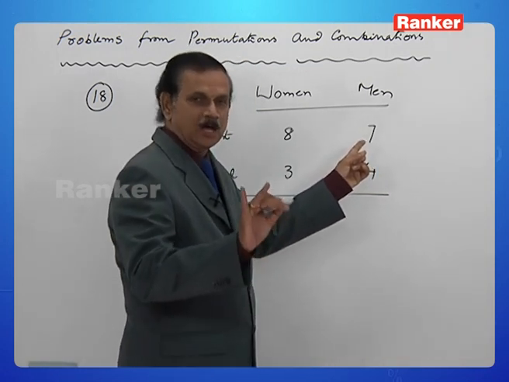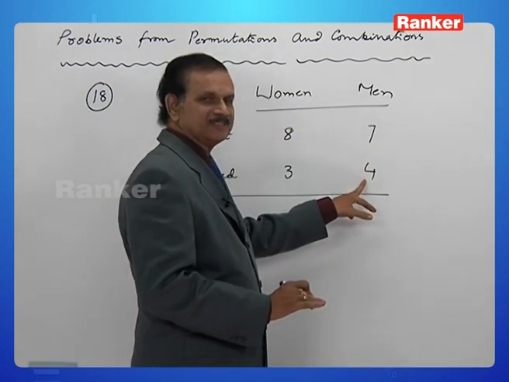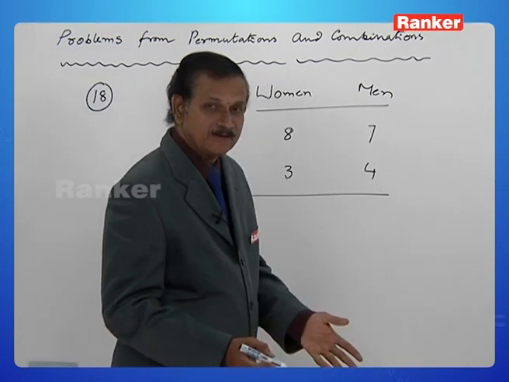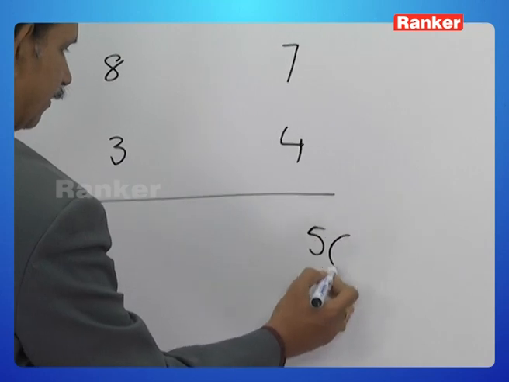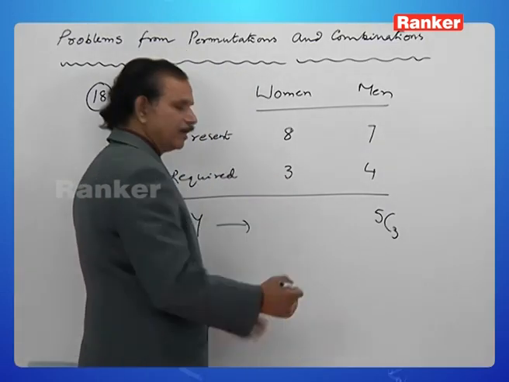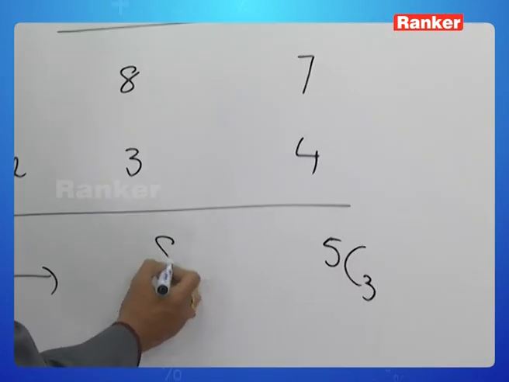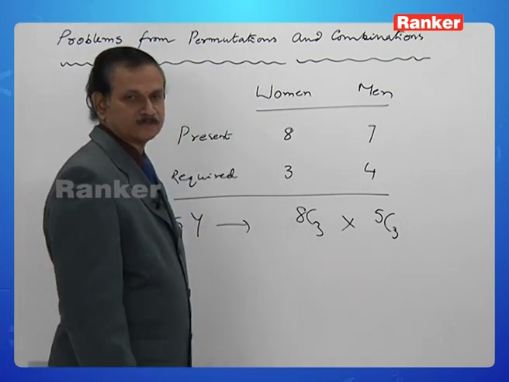Therefore, 5 men are only remained. From those 5 men, how many men are to be selected now? Only 3. Why? Because Mr. Y has already been selected. Therefore, how can you do that? 5C3 ways. And there is no restriction on women. You can choose 3 women from 8 women in 8C3 ways. Therefore, this is the number of ways.